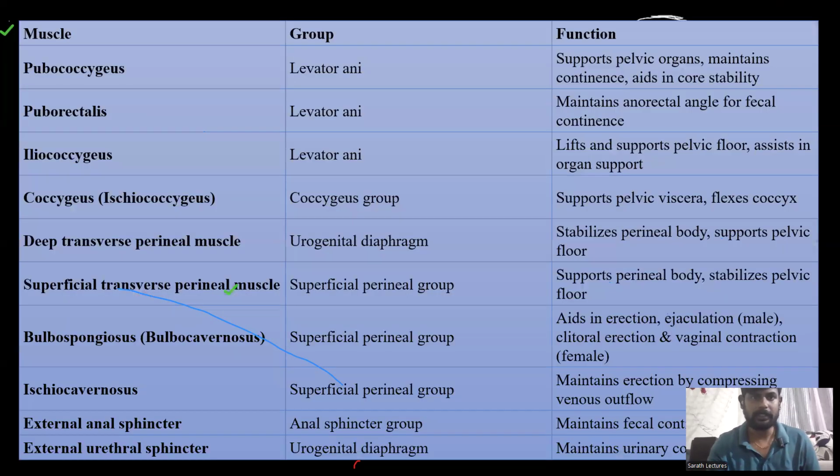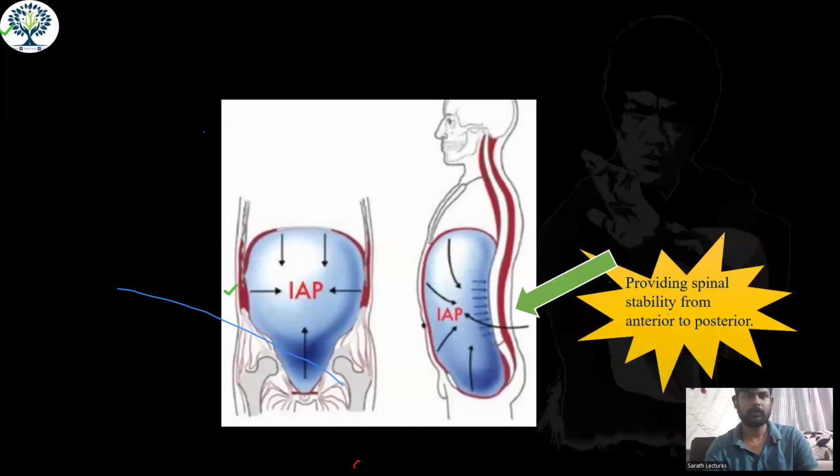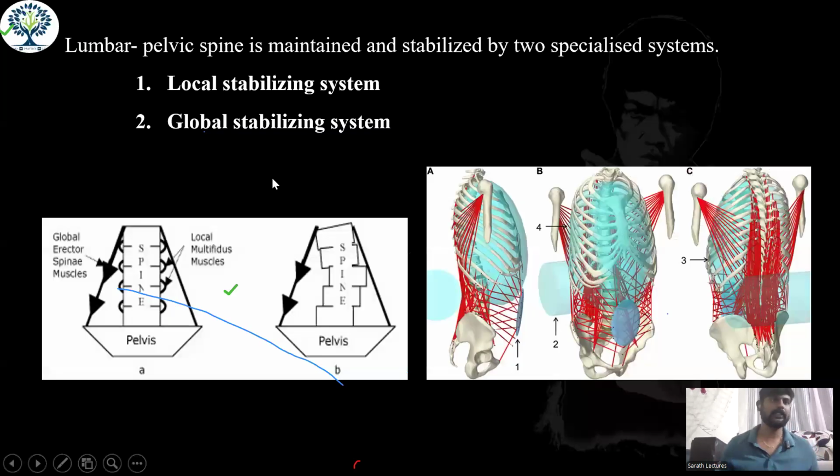Where is that slide? Yes, this is the slide. Okay, see here. Dr. Nabisha, you told it will get more stable, right? That is the function by means of a global muscle stabilizer. You can see here on the left side.